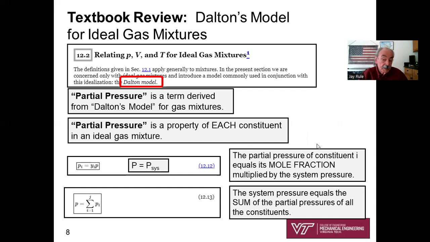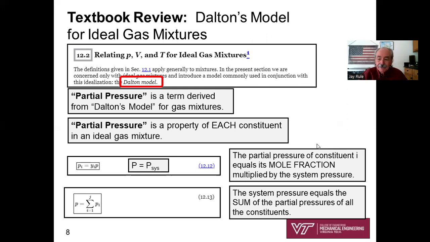Now, a little review of your textbook material that we're covering in chapter 12. I really want to urge you to look at your textbook material, particularly section 12.2, regarding Dalton's model for ideal gas mixtures. And in that section, we introduced the idea of partial pressures. You could say it's sort of a theoretical model, and that's okay to think of it that way.